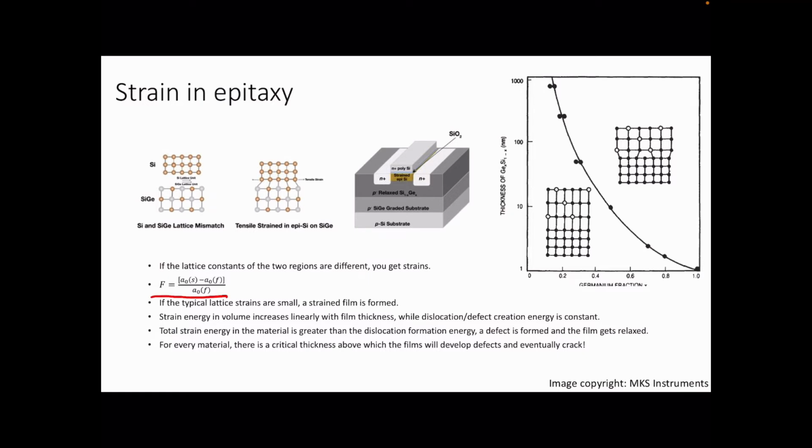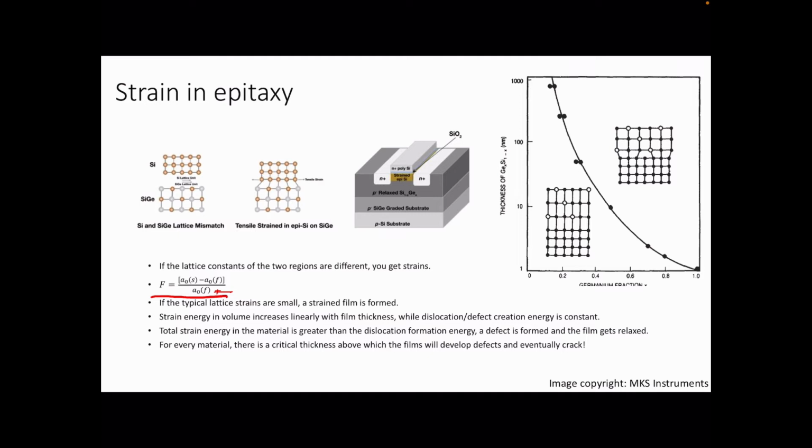So lattice misfit is defined as the ratio of the difference in the lattice constants, a0S minus a0F, by a0F, F being the film, S being the substrate. So it is typically expressed as a ratio or a percentage of the misfit with respect to the film, right?